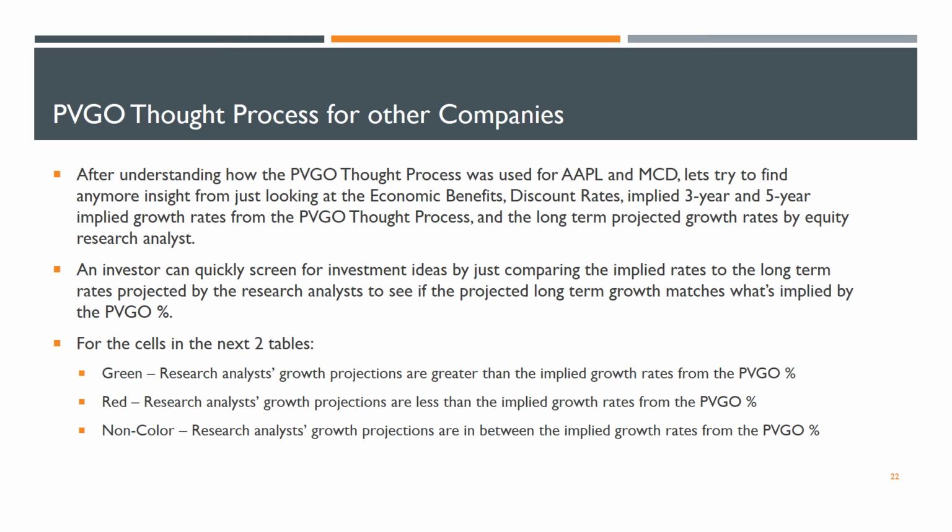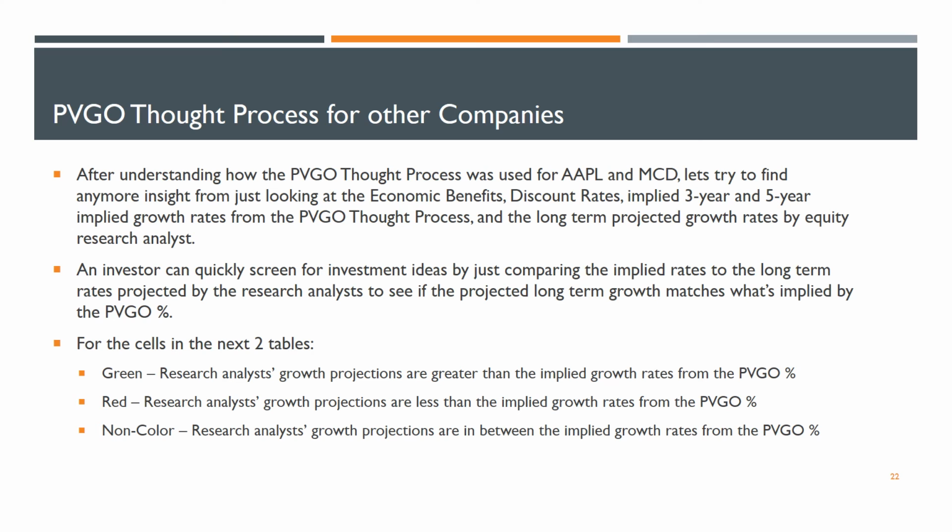We're going to look at two different charts. One's for large caps, another one's for small and mid caps. And just to get an idea, in the column all the way to the right, if it's green, it means that research analysts' growth projections are greater than the implied growth rates from the PVGO percentage, which is a good sign.